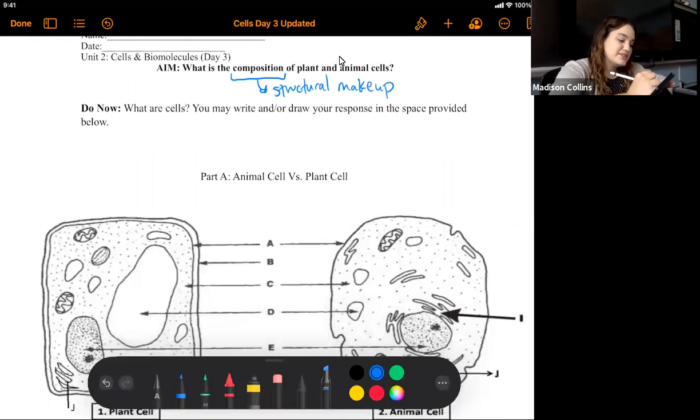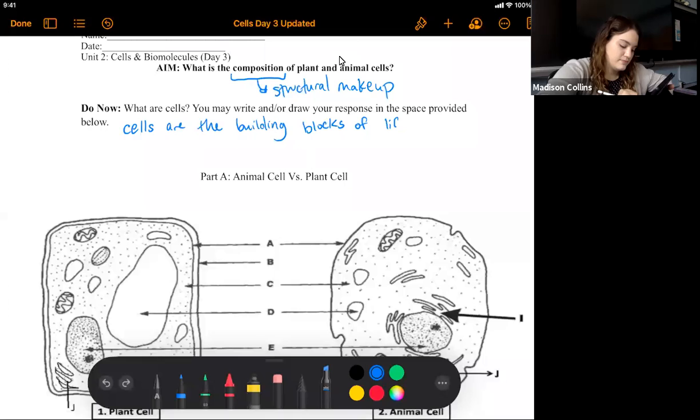Well, based on yesterday's video, you should have been able to answer that cells are the building blocks of life. Or I'll say the building blocks of living things.